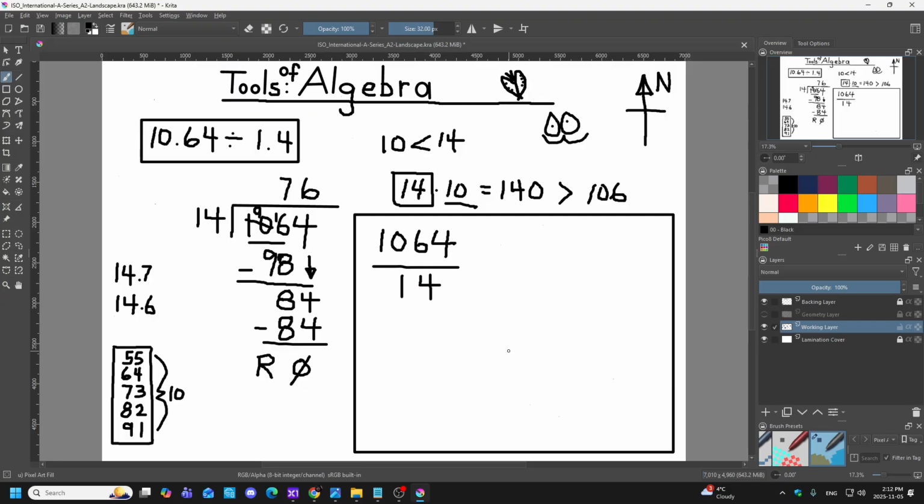So we've determined that 14 times 76 equals 1064. So let me show you how to figure out the decimal placement. And I think the easiest way is to show you with a multiplication example.